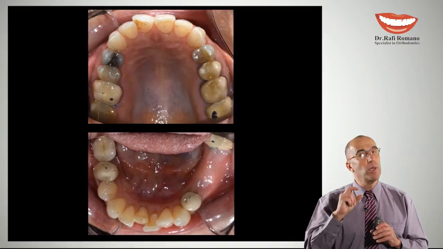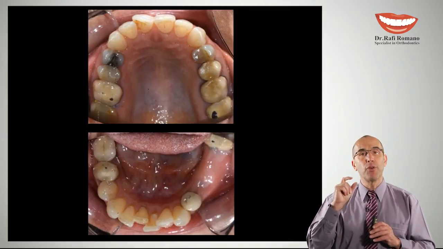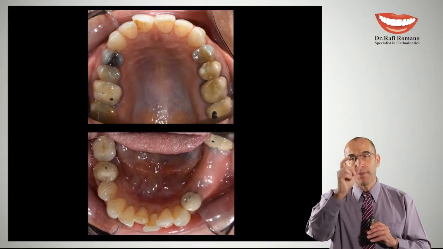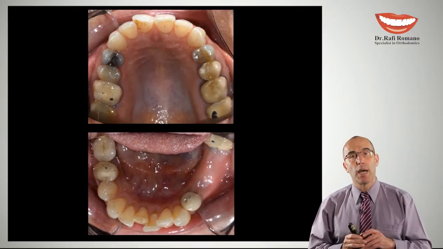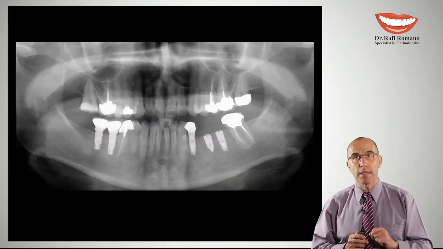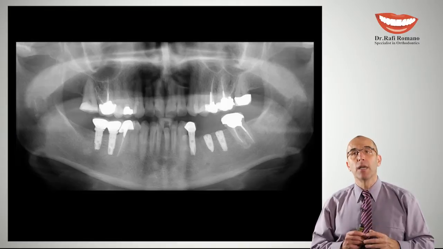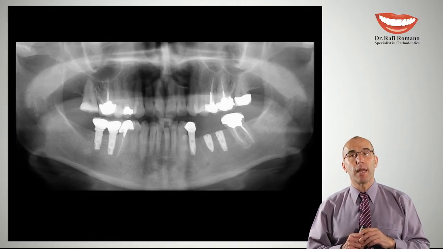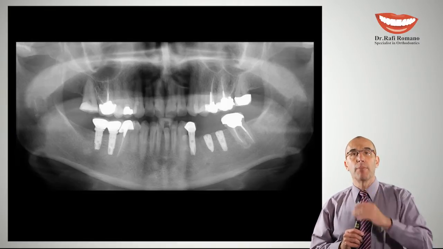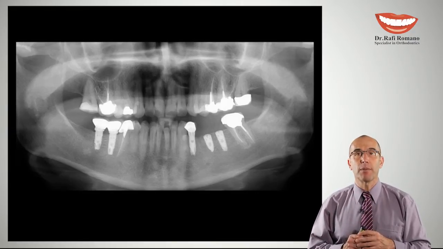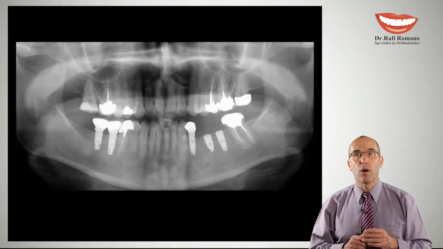Therefore I will not move the first premolar to this area, in order not to disturb the position of the future crown on these implants. You can see the implants are already perfectly located, and I will not want to change the position, especially since the first and second premolars are already on implants.